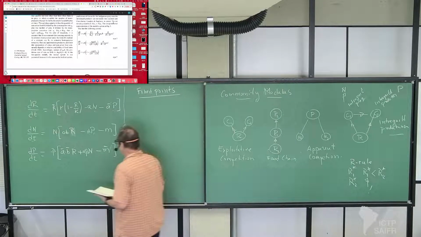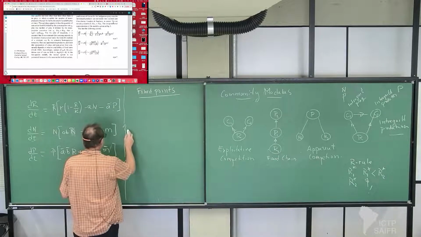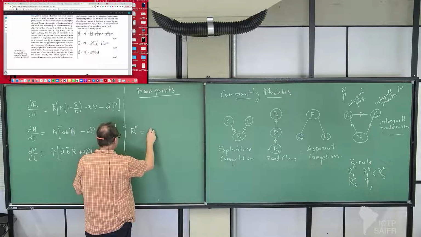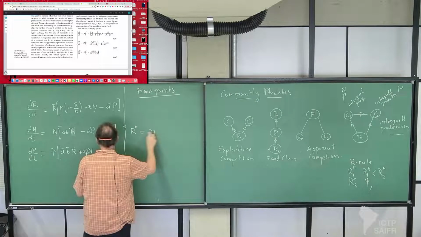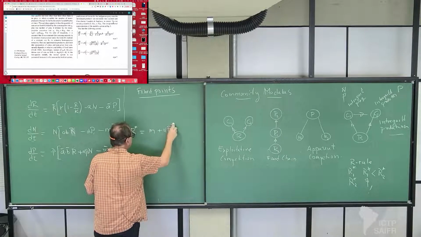So this one will give you some R star, which will be equal to m plus alpha p star, divided by a times b.